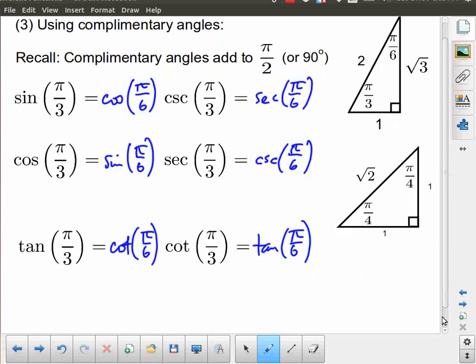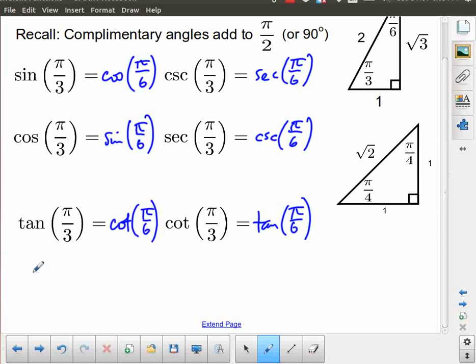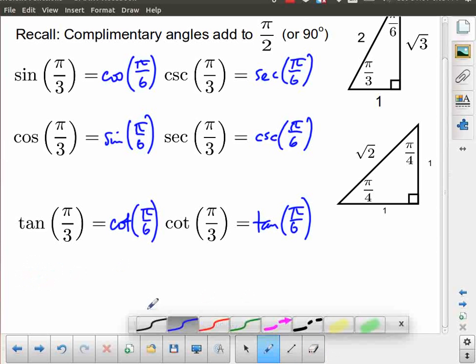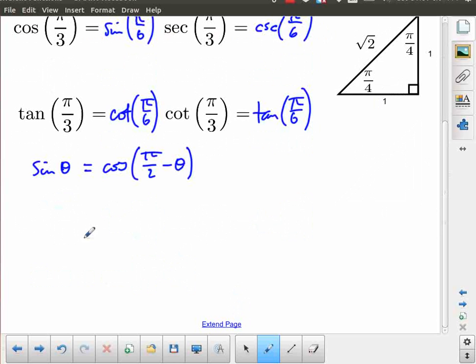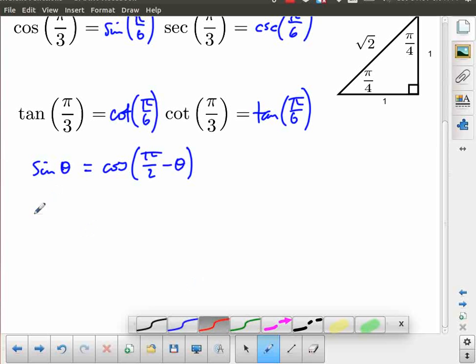And in general, what we get from that is that the general rule here is that the sine of theta is the same as the cosine of pi over 2 minus theta. So just think about that. The sine of pi by 3 is the same as the cosine of pi by 2 minus pi by 3. So for example, let's just redo that.